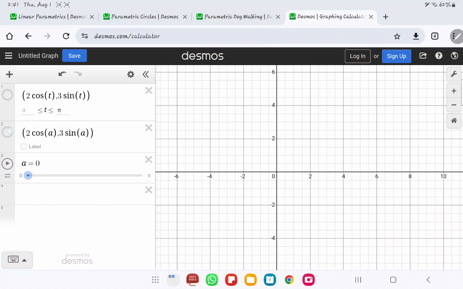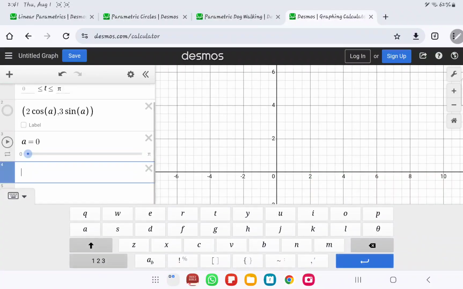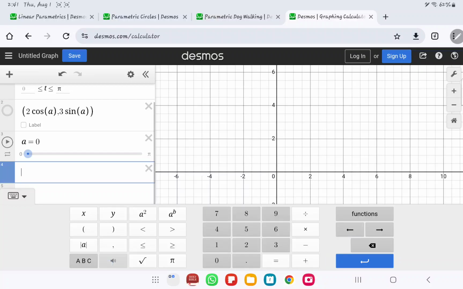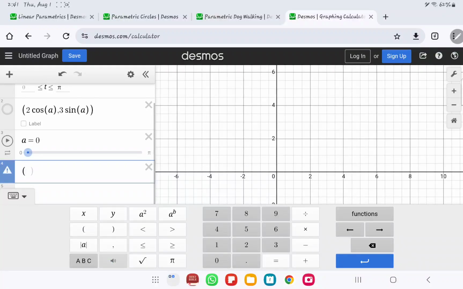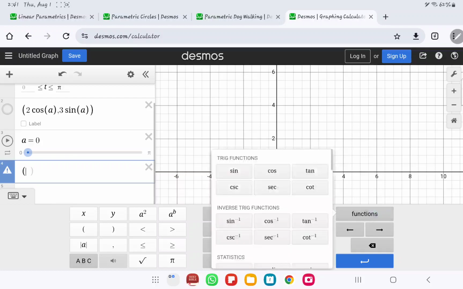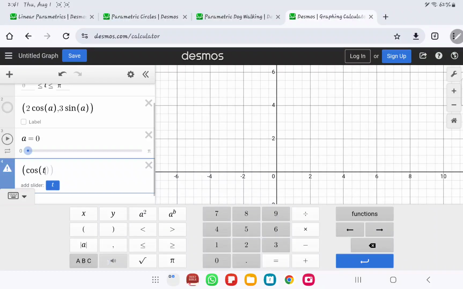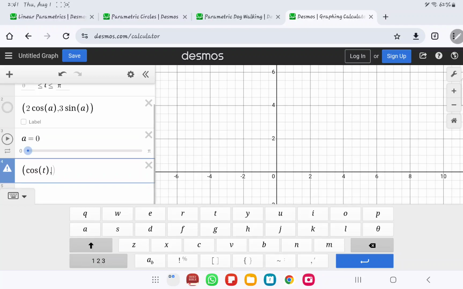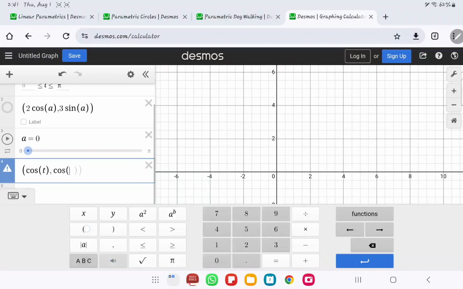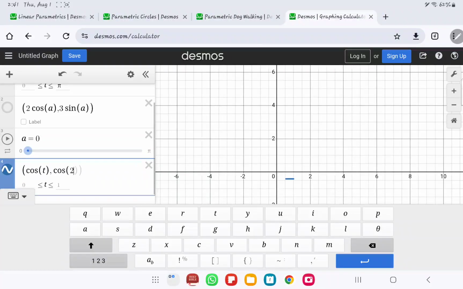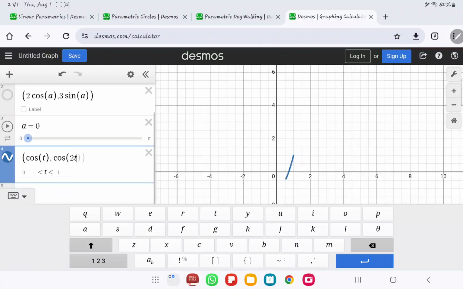So I'm going to go ahead and hide these guys, and this one will say, include the parentheses, so we got our cosine t, and then cosine 2t was our y.